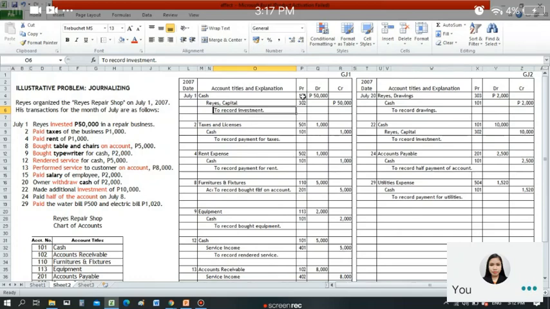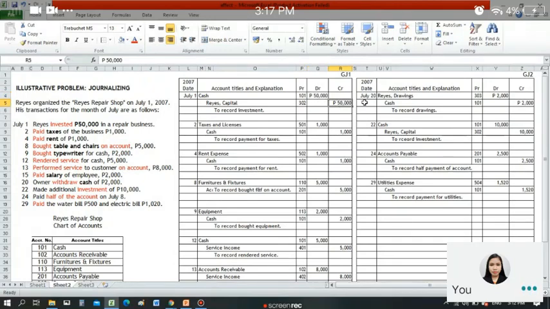You must be guided by your chart of accounts for the post reference and for the account titles to be used. Next are the debit and credit amounts. The rule is that the first amount for the debit and credit should have a peso sign.